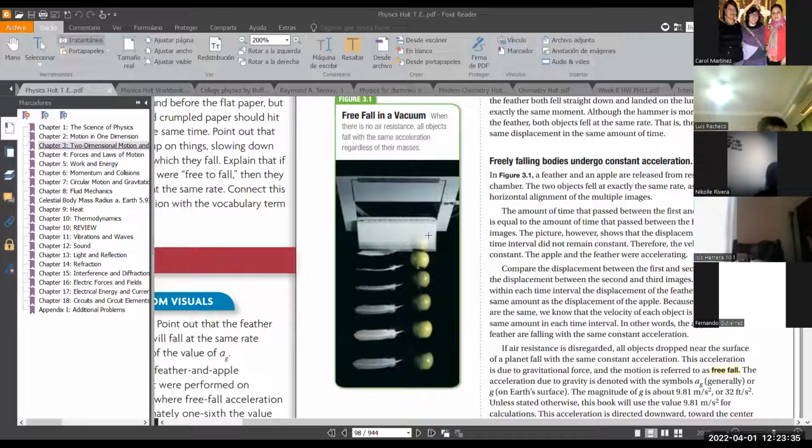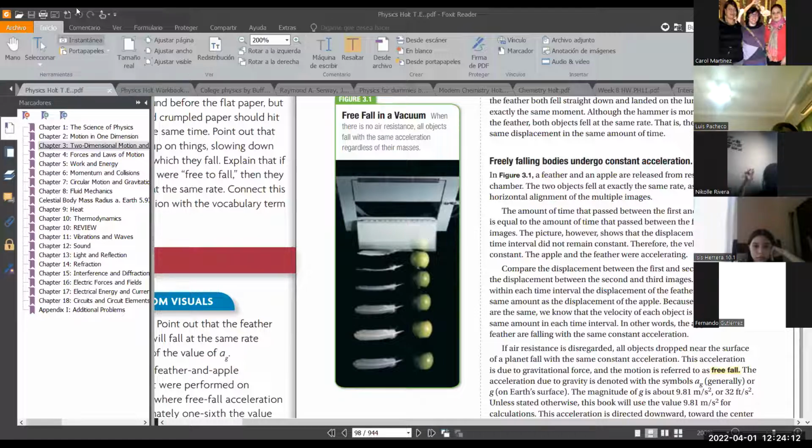You might think that the apple is going to reach the ground faster, but in the end, it's not. The only thing that makes objects fall at a different velocity is what we know as air resistance, resistencia al viento. According to the shape of the object, it can be affected by air resistance or not. So what happens with these freely falling bodies? We are all affected by the same acceleration known as gravity.